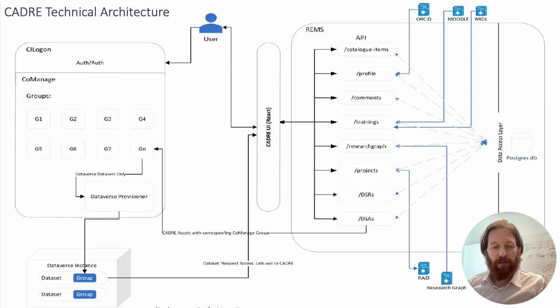The CADRE platform is built to be flexible and scalable. CADRE supports federated identity management, looking at the left-hand side of the technical architecture diagram here, via CI Logon, allowing users to authenticate themselves with their organization's credentials.